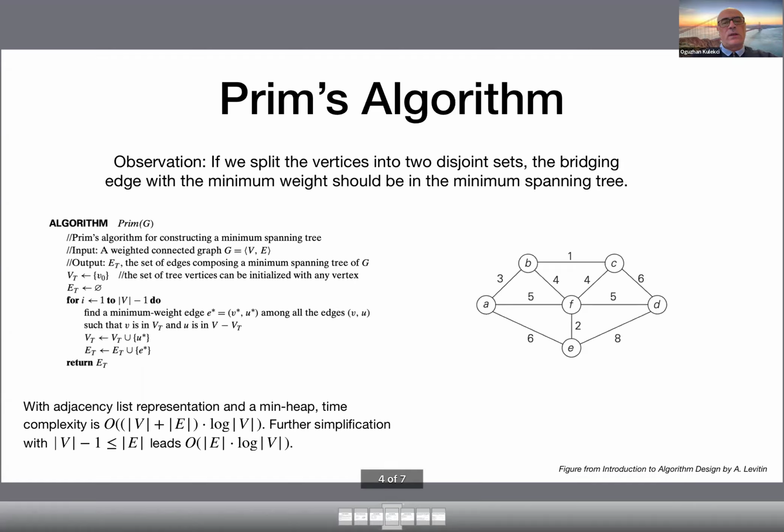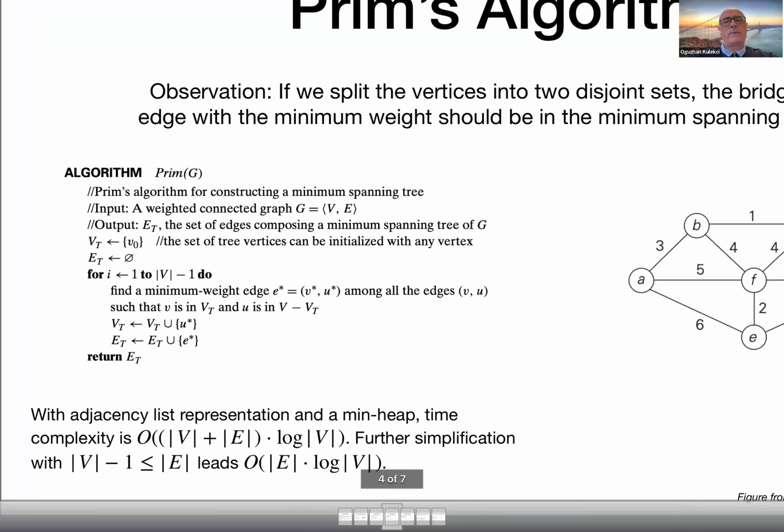If you would like to implement Prim's algorithm, here is the pseudocode of it. And surely when we design an algorithm, its complexity is also important. You observe that I always maintain two sets of vertices, and I need to select the minimum weight bridging edge.